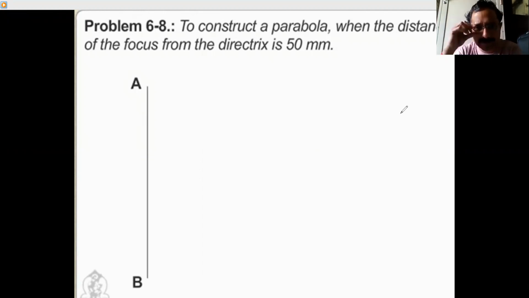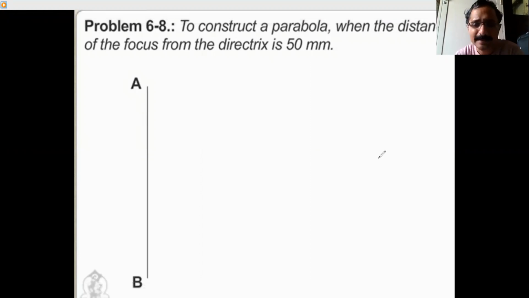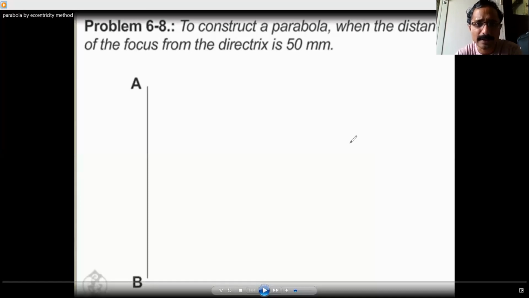Today, I want to discuss a topic in unit number 1. The subtopic is construction of parabola by eccentricity method. Just before observing the actual construction part, we'll observe the question.